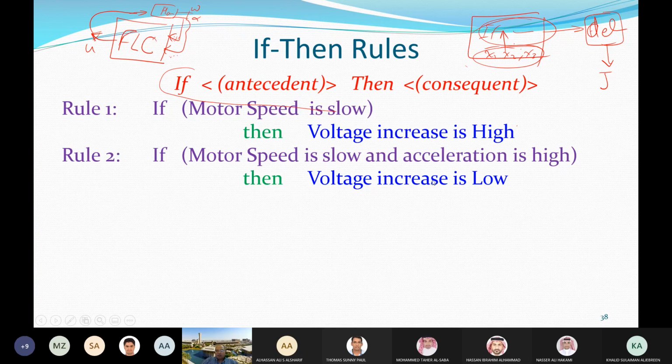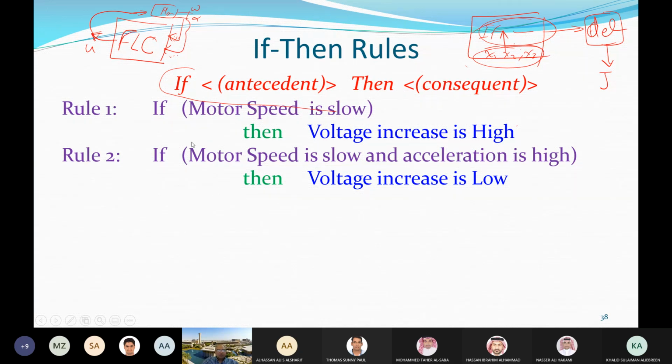So you may not take any action, or the voltage increase is low. As you can see, the if-then rules come from the experience of the operator. This is what we have learned about the motor, and we can easily develop such rules based on our experience with the motor, the inputs, and how to control the speed.